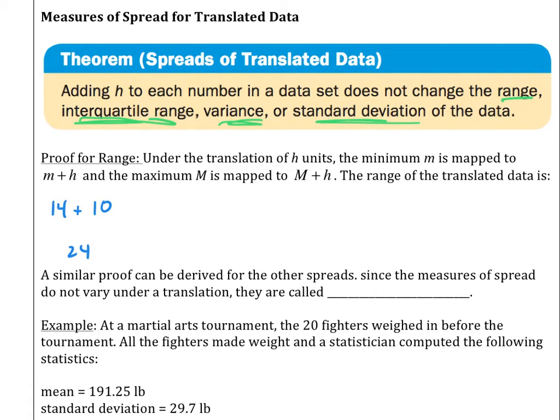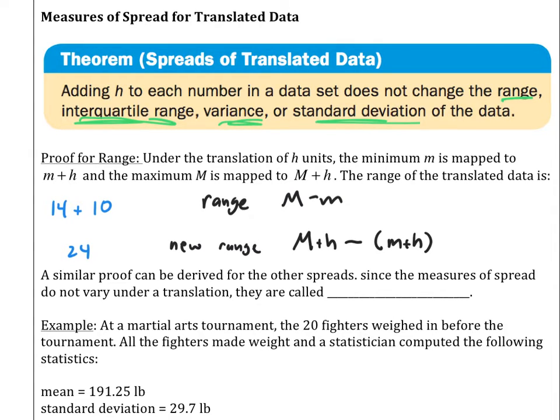So if we recall, the original range was capital M, the max, minus the min, okay? Now here's the new range. The new range is just capital M plus h minus small m plus h.